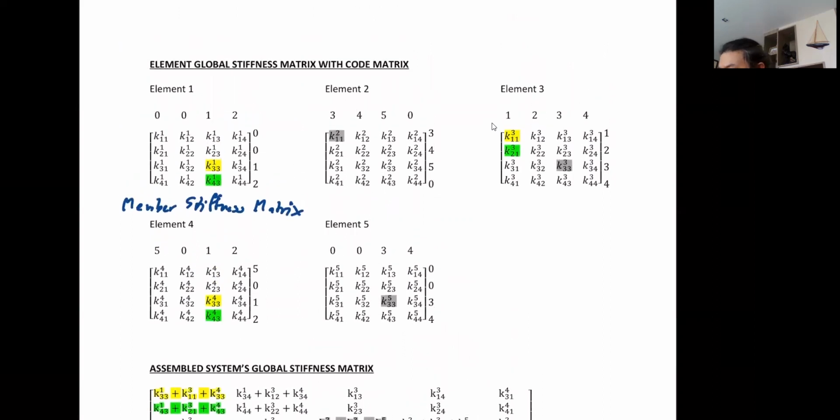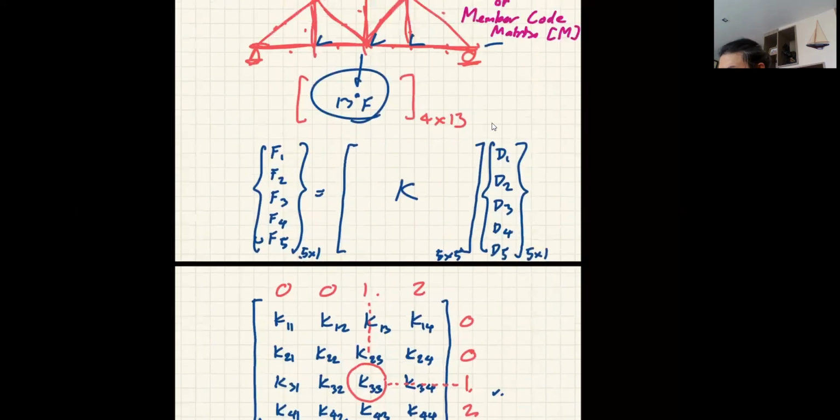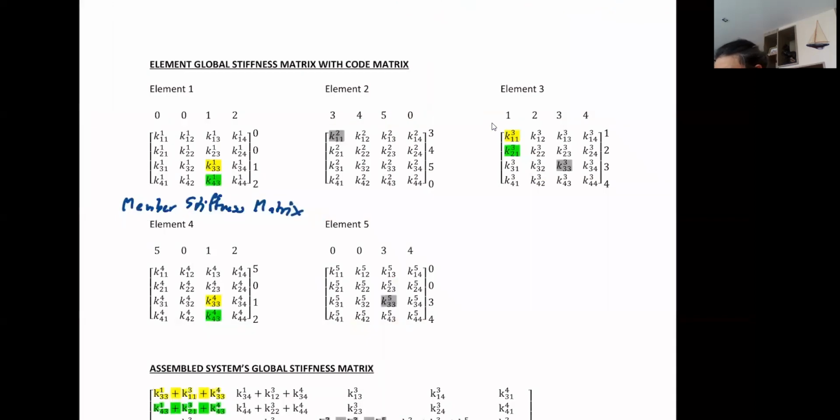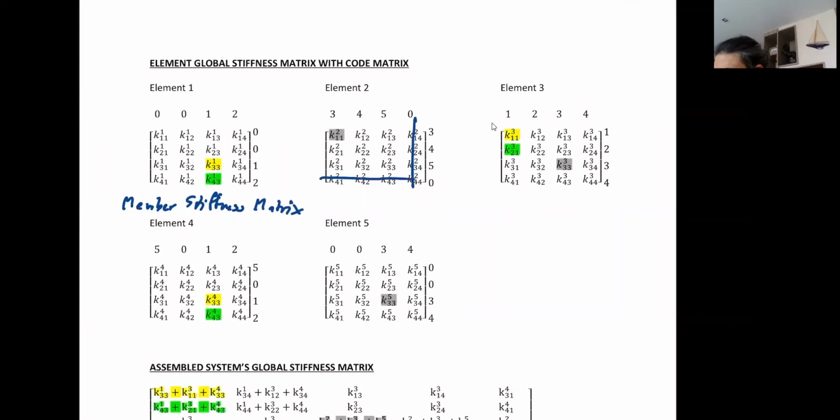Now, when we move to member number 2, remember the code here says 3, 4, 5, 0. So I put 3, 4, 5, 0, 3, 4, 5, 0 here. Essentially, this says that this will not go. It's 0, so you can just cut them off.